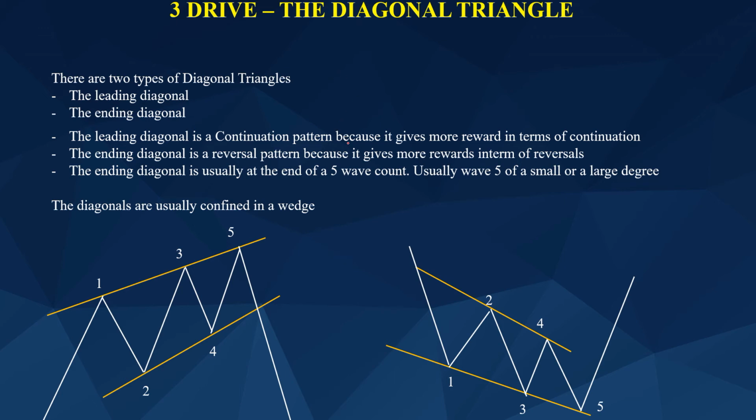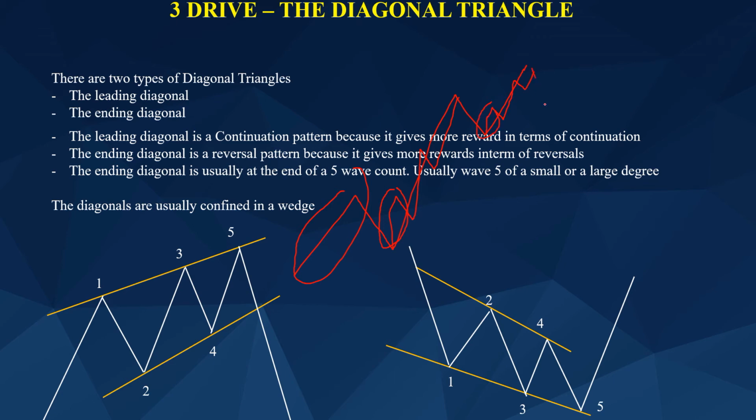So what I'm trying to say is that the leading diagonal will start a wave count, so it is usually in wave 1 or wave A in a correction. For instance, if you have wave 1, 2, 3, 4, and 5, the leading diagonal will usually be in wave 1, or in a smaller count with one, two, three, four, five, and even in the five, the diagonal will be here.